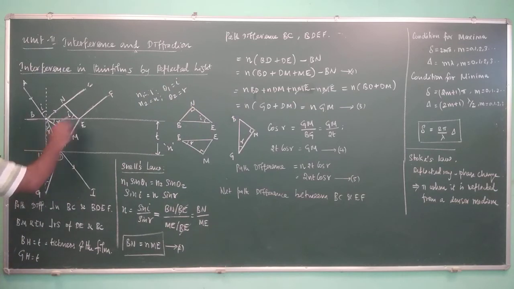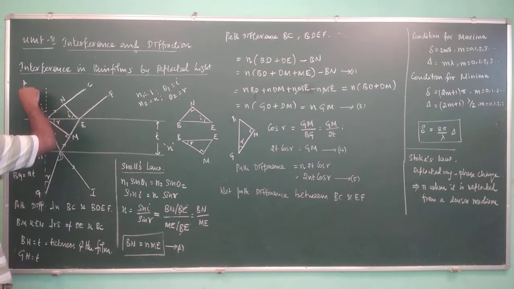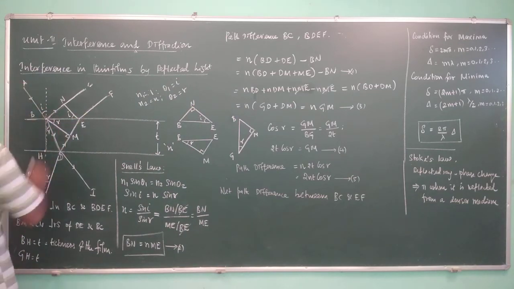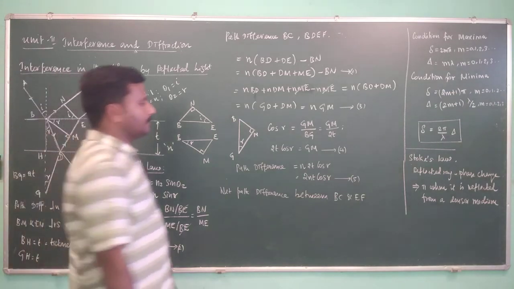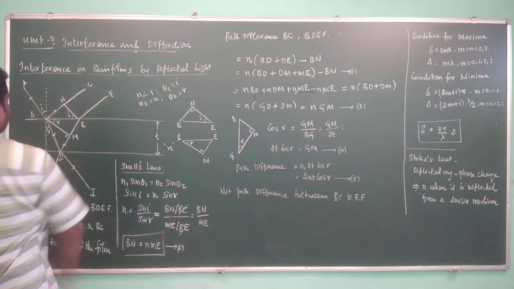How to apply Stokes law? See, here the light ray comes from a rarer medium and it is reflected at a denser medium. When the light ray is reflected in the denser medium, then it has a phase change of pi.